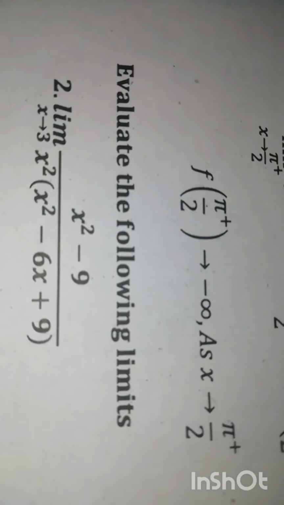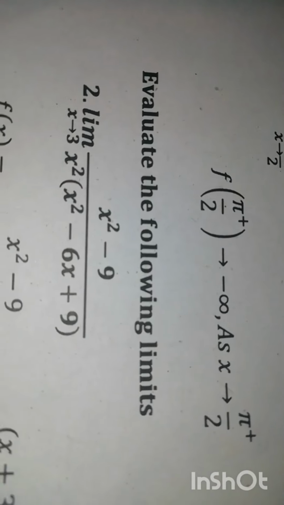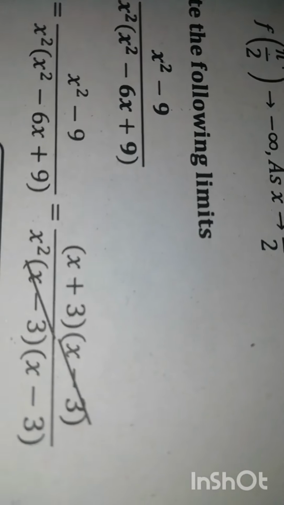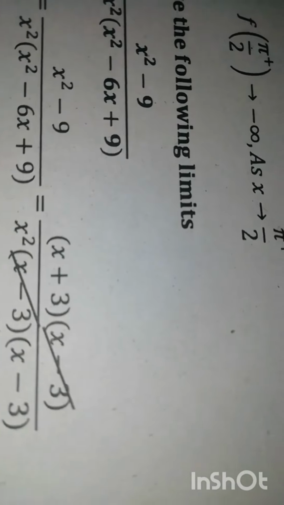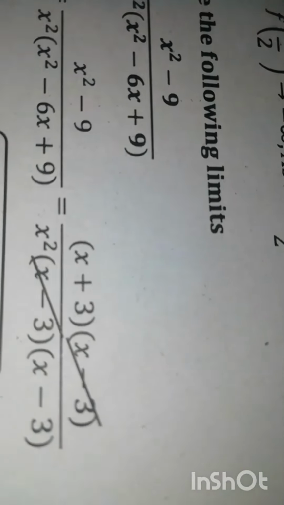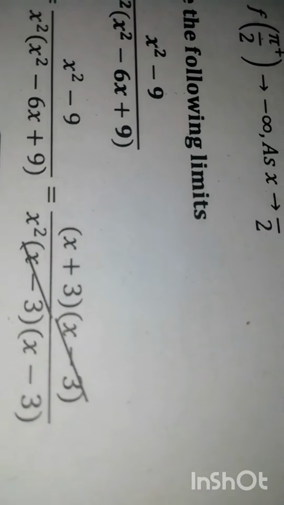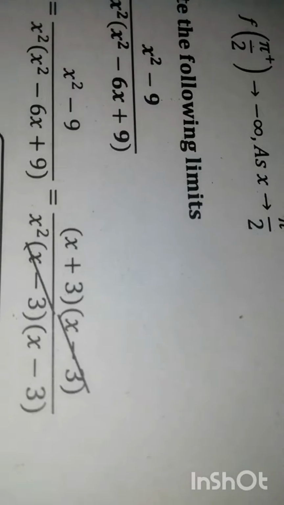See sum number 2. Evaluate the limit, x tends to 3. Simplify: x square minus 3 square means x plus 3 into x minus 3, and x square minus 6x plus 9 means x minus 3 into x. So x minus 3 is cancelled.